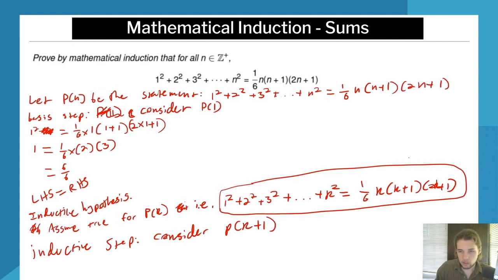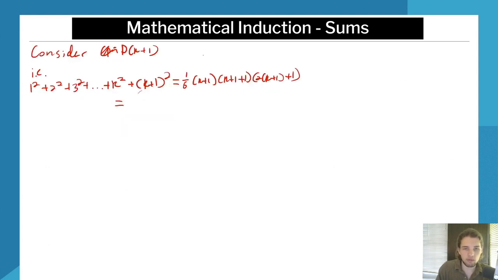I'm going to build this whole right-hand side as a component of the right-hand side here, and we'll see where that gets me soon. So this is (k plus 1) times (k plus 1 plus 1, which we'll just change to 2) and then (2k plus 3), all over 6.